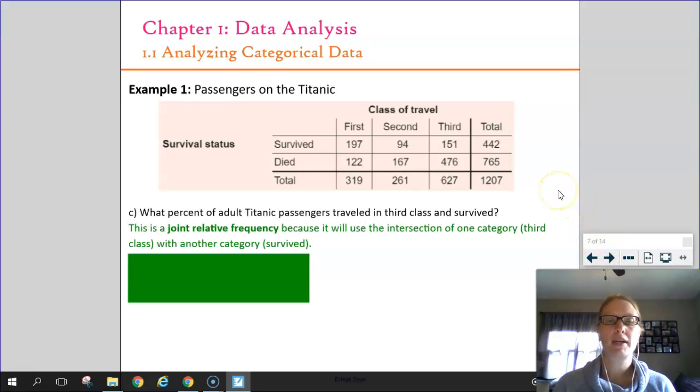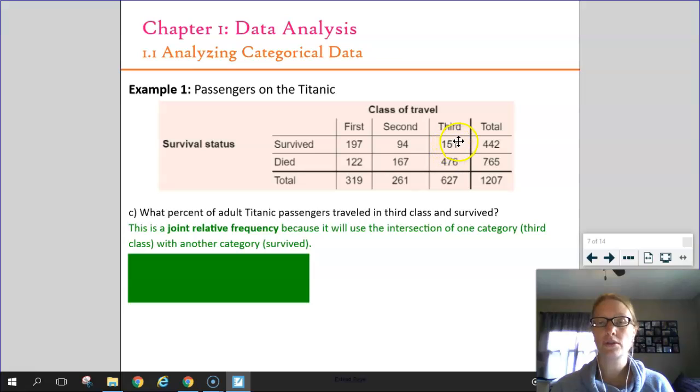Here's an example where we get to see a joint relative frequency. The question asked here is what percent of adult passengers on the Titanic traveled in third class and survived? That "and" word is our key that this is a joint relative frequency. It shows where two different categorical variables intersect. The third class passengers, that column, where does that intersect the row of survived?